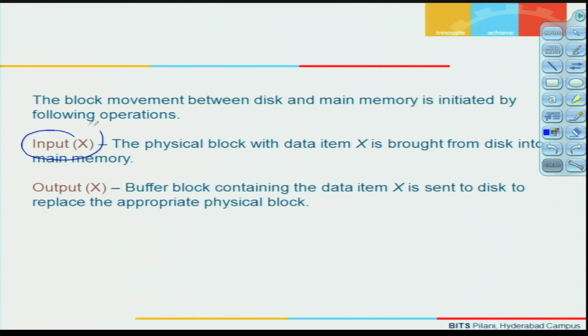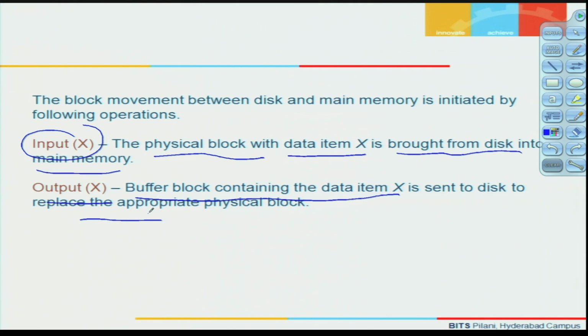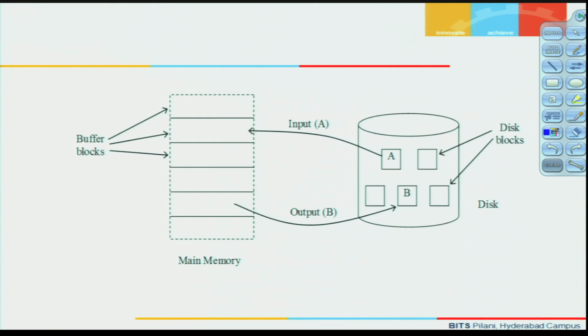There is the operation input X. The physical meaning is that the physical block with data item X is brought from disk onto the main memory. Output X: the buffer block containing the data item X is sent to the disk to replace the appropriate physical disk block. These are the basic operations that are used. It is like this.